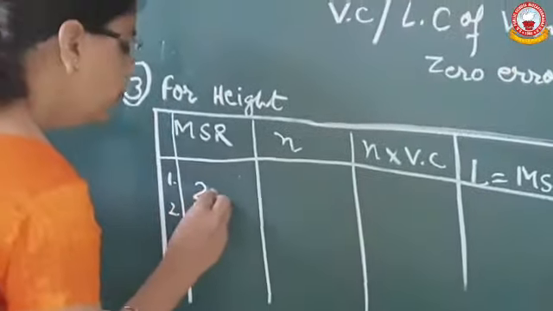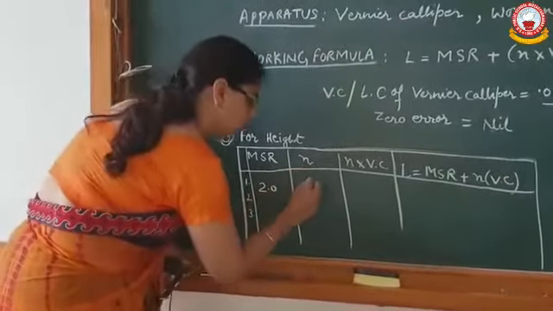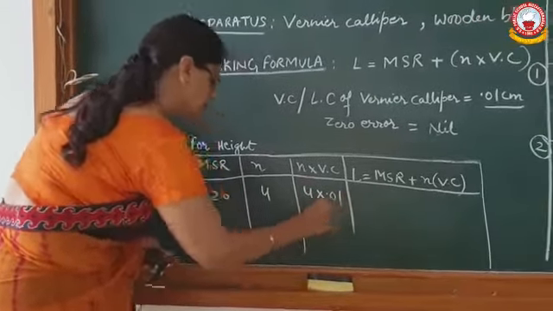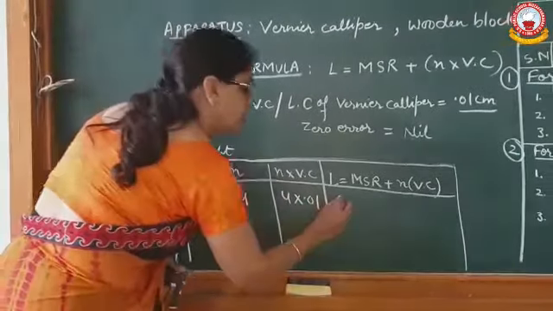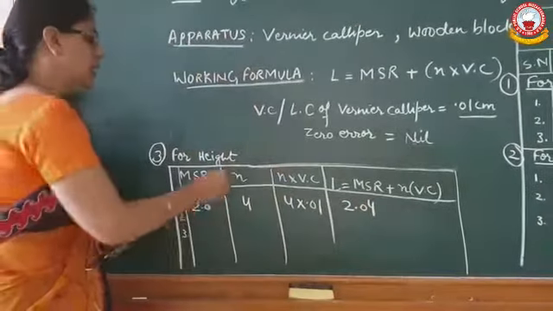So it is 2.0, number of divisions coinciding 4, multiplied by the Vernier constant, and hence we obtain the value 2.04, which is the thickness or the height.